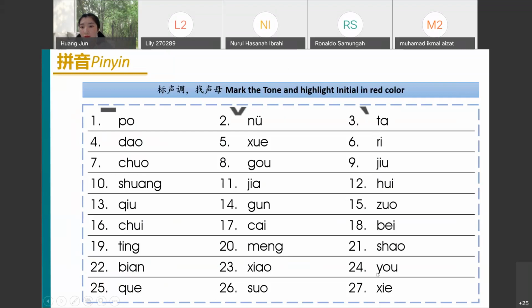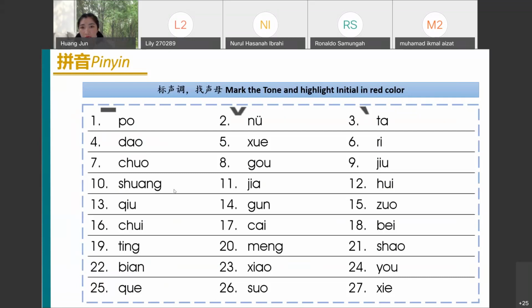After you finish marking the tone, you have to highlight the initial in red color. Don't forget to highlight the initial in red color. So you have to find out which letters are the initials for those syllables. Okay, so do you already understand me? How did I request you to do? You use your paper to finish writing all the 27 letters.